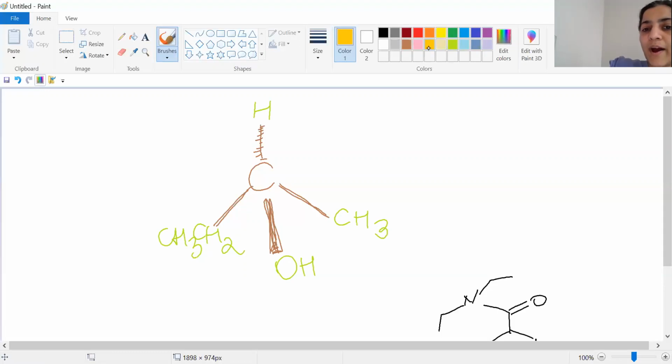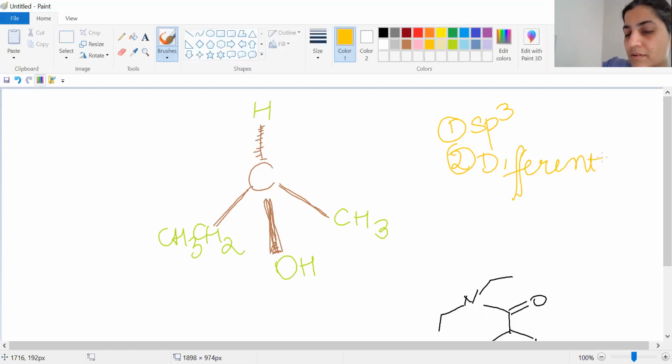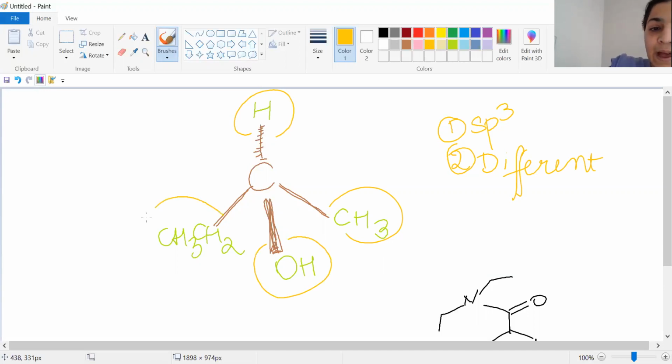So the first requirement of being sp3 hybridized is fulfilled. The second requirement, all 4 groups have to be different. So there is a methyl group here, a hydrogen group here, a hydroxy group here, and an ethyl group right here.